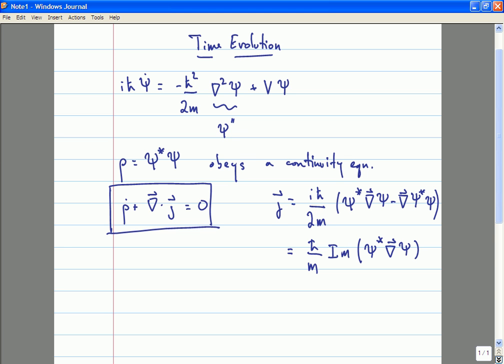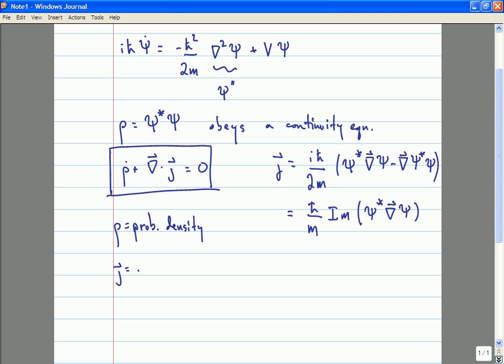Okay. So if rho is the probability density, namely the likelihood that you would find a particle at a given position as a function of time, then J is the probability current.